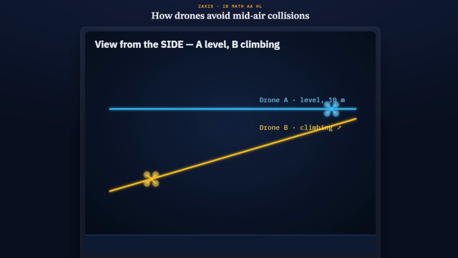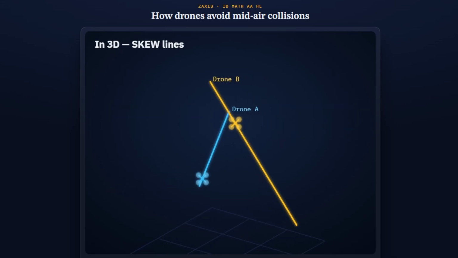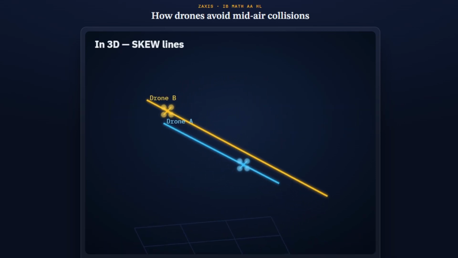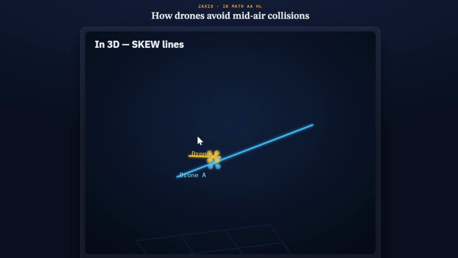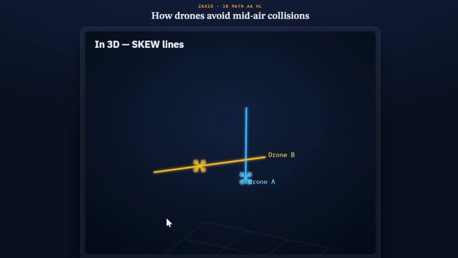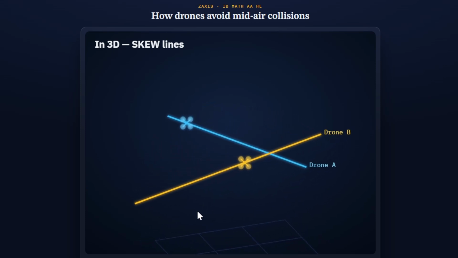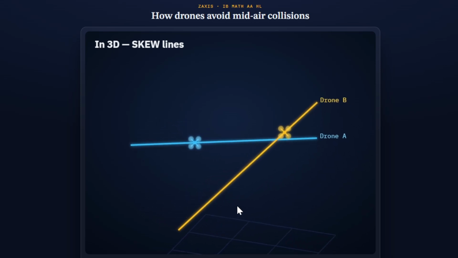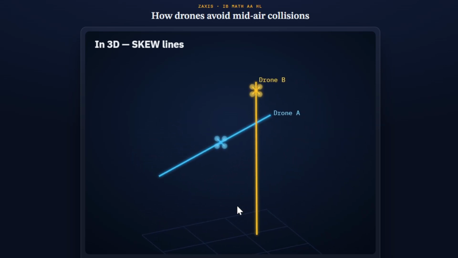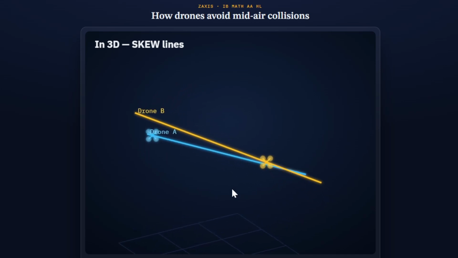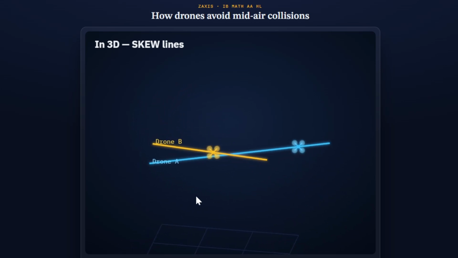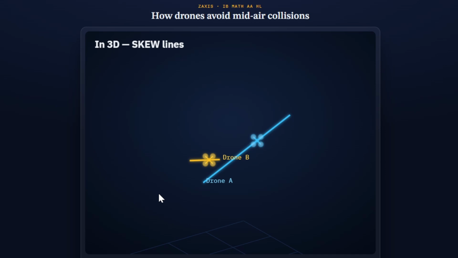Now let us try to see the routes or the lines along which the drones are moving in 3D. We can see the routes of both drones A and B are actually neither parallel nor do they intersect. Such lines have been given a special name known as skew lines.